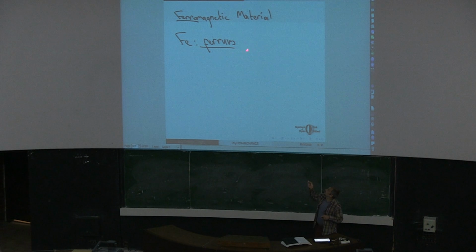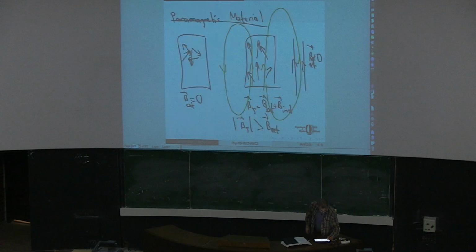But what distinguishes them from paramagnetic materials is that when we were discussing paramagnetic materials, we said that neighboring magnetic moments are aligned randomly. In ferromagnetic materials, neighboring magnetic dipole moments tend to align in the same direction. So this is what separates the ferromagnetic materials from paramagnetic materials.